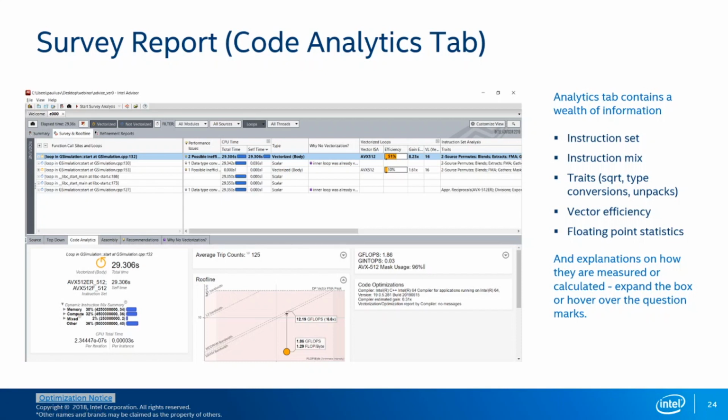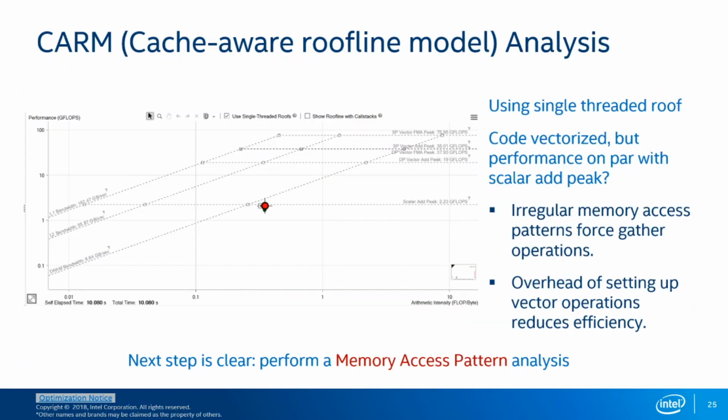There is another way to access the roofline plot, and that is this button on the left. If we click that, we're switched to the cache-aware roofline model view. For analyzing our result, since this is a single-threaded application, no MPI, no OpenMP, we select the use single-threaded roofs option.